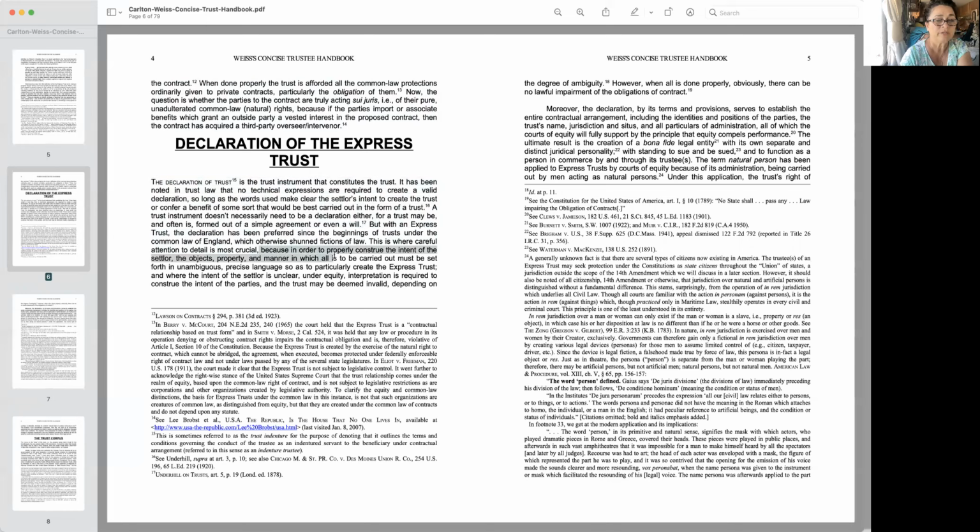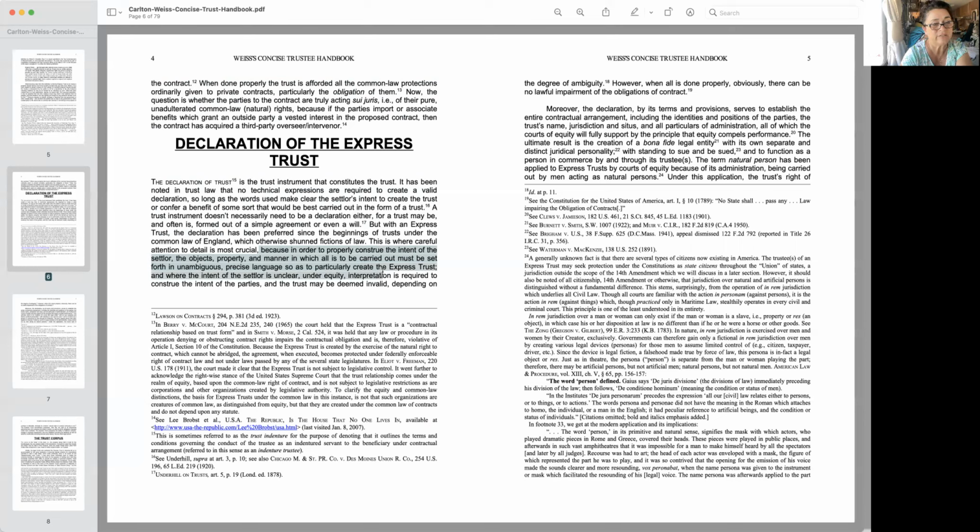Because in order to properly construe the intent of the settlor, the objects, property, and manner in which all is to be carried out must be set forth in unambiguous, precise language so as to particularly create the express trust.